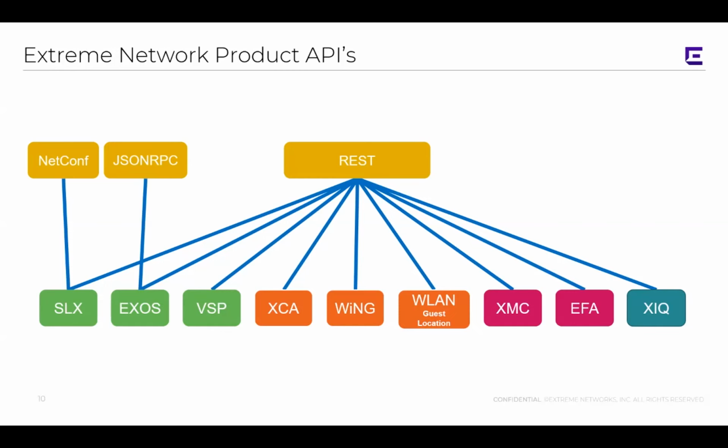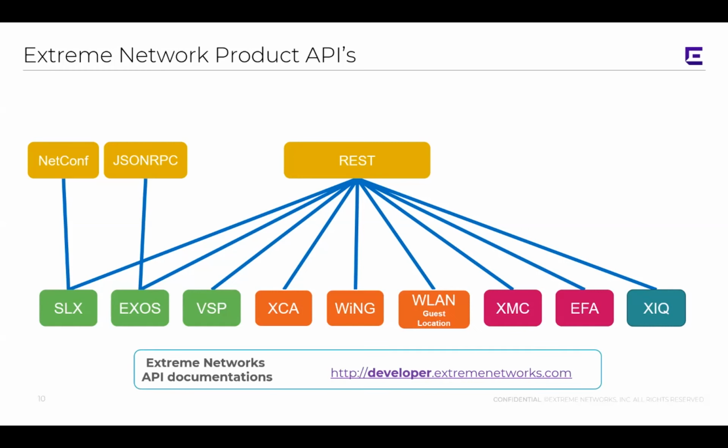So first of all, if you have a question about the API and you want to dig deeper into it, for URL access it is common that you use our domain extremenetworks.com, but you put developer in front. With this keyword developer in your URL, you will be automatically redirected to our web page where we host all the API documentation.